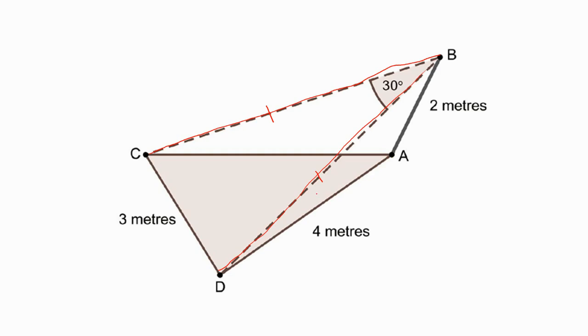It means that BD squared is going to be equal to 4 squared plus 2 squared. So we have to find the length of BD if the pole is perpendicular to the ground. So it means we're going to use the Pythagoras theorem. We say the square root of 4 squared plus 2 squared, then we'll find the length.